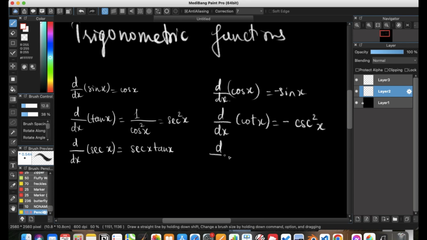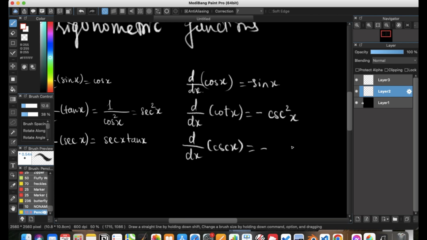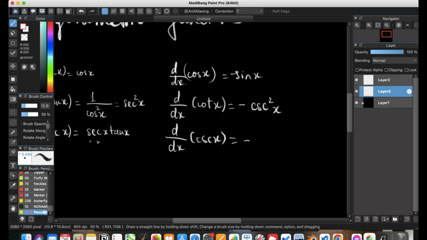And now d over dx of cosecant x is equal to minus, just like the same pattern that we're seeing here, with a minus sign symbol, so it's going to be cosecant x multiplied with cotangent x.